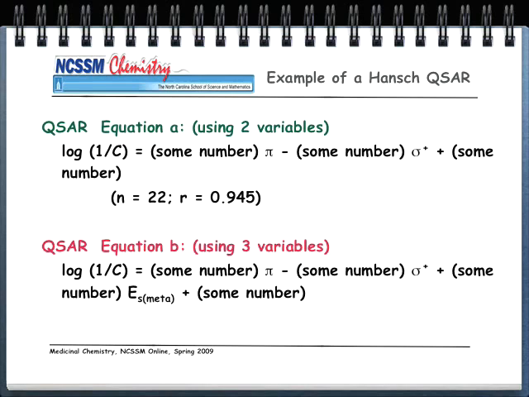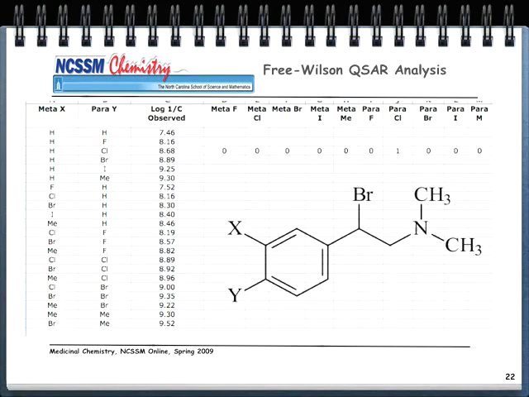It'll be up to you to decide for your lab if you're going to use two variables or three variables for your particular determination. Same data set size: I had N of 22, and notice I got a better correlation of 95.9% as compared to 94.5%. So by using three variables, I got a little better correlation for this particular data set.